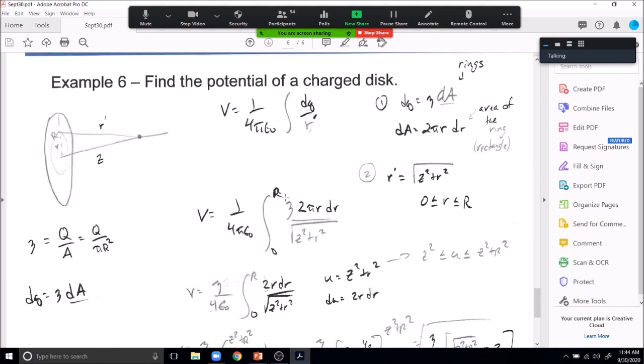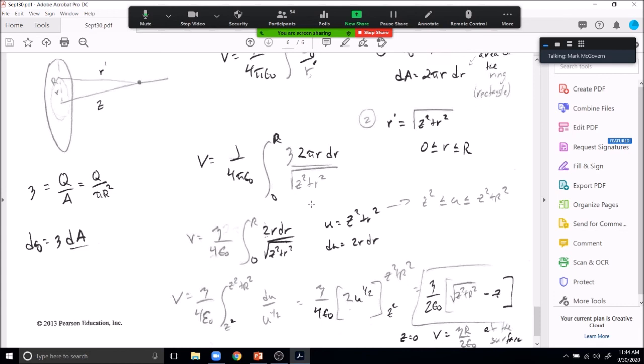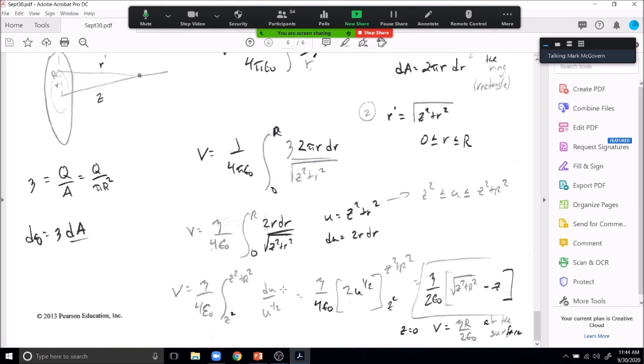Okay. So I put everything in here, and I end up with this nice u sub integration. So the rest of it's just mathematics. I get through the mathematics, we end up with this statement right here. So the front of it looks familiar, doesn't it? Sigma over 2 pi epsilon naught, but that's just the electric field.